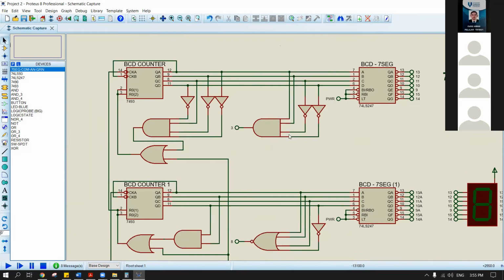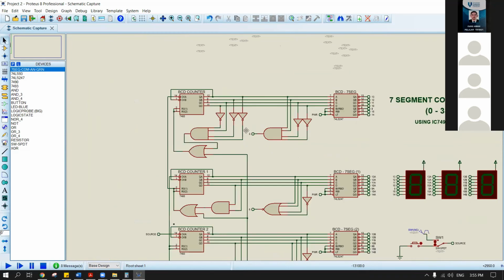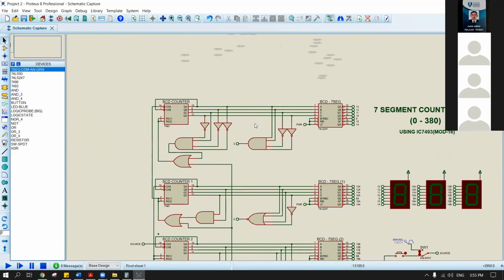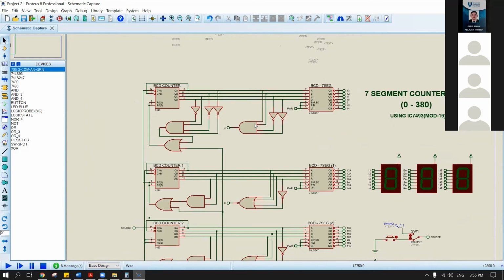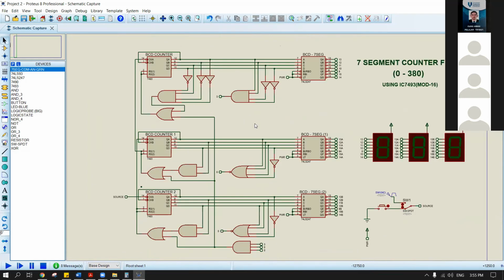That's all. So Dr. Wahidah said to use Multisim, right? Yes. Actually Multisim is a bit harder. Compared to Proteus and Multisim, Proteus is more user friendly for digital circuits.